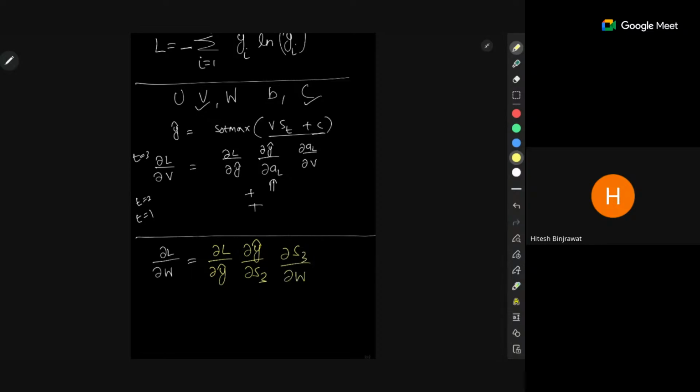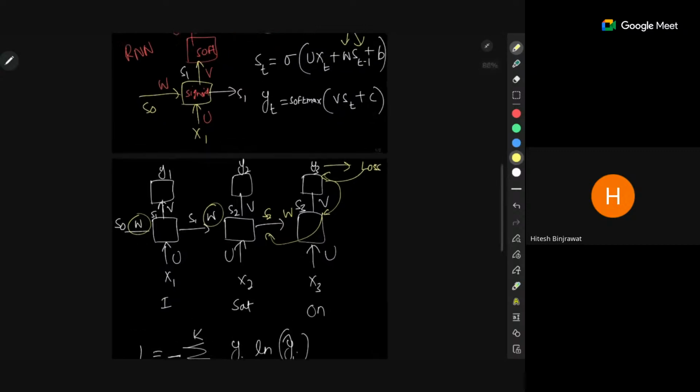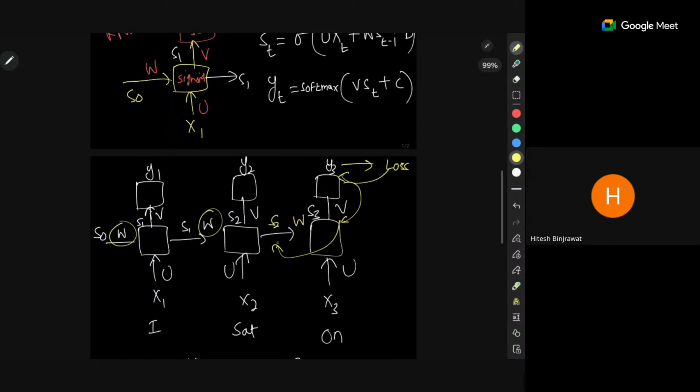Now the thing is, if I go only this way, then I'm not doing the proper backpropagation, because S2 also has a W component, like here, it exists here also. So I have to go further back to get these gradients. So I have reached this W as of now.